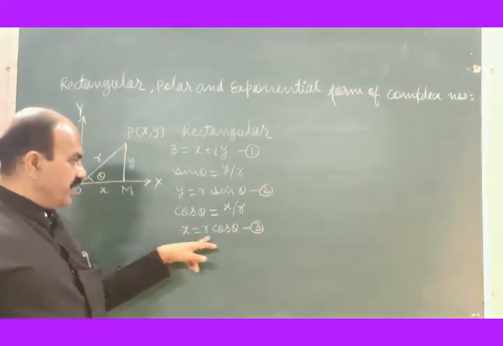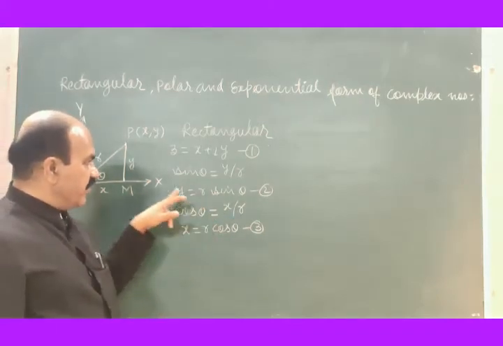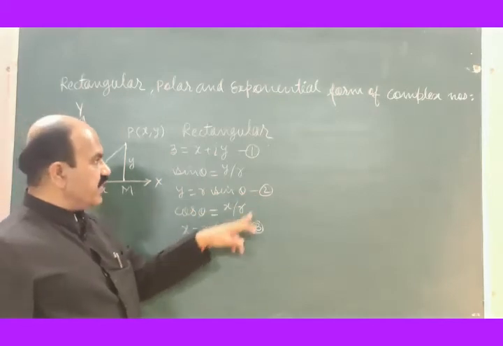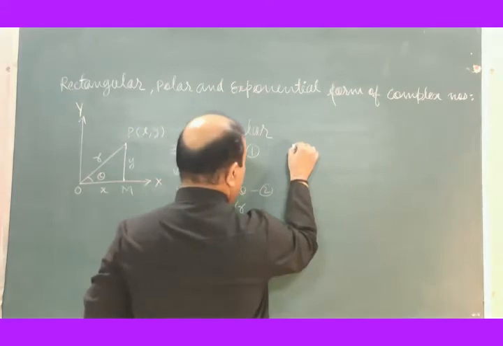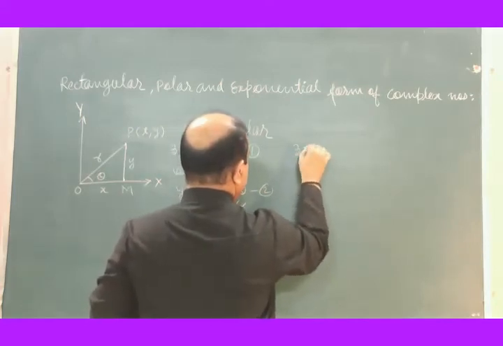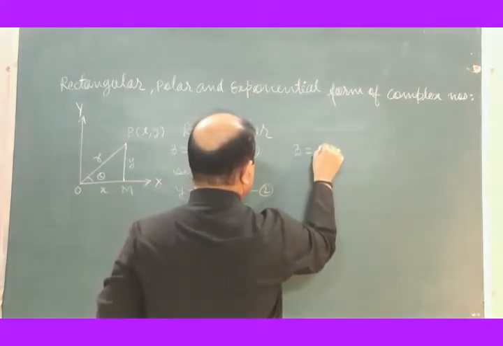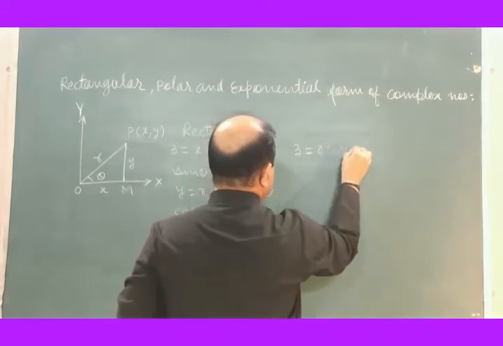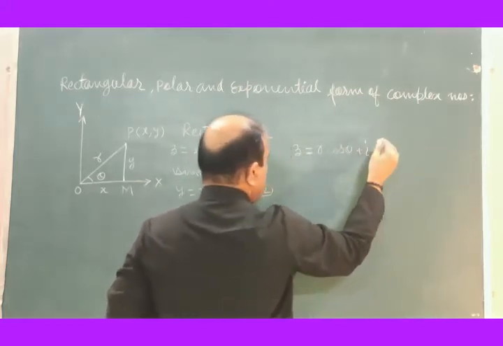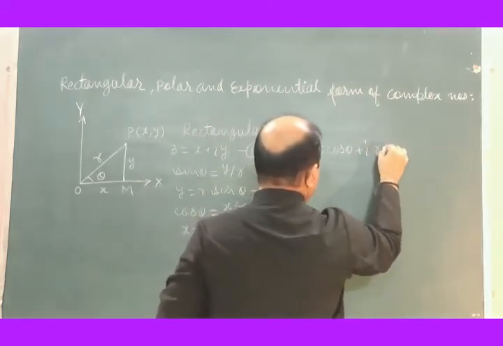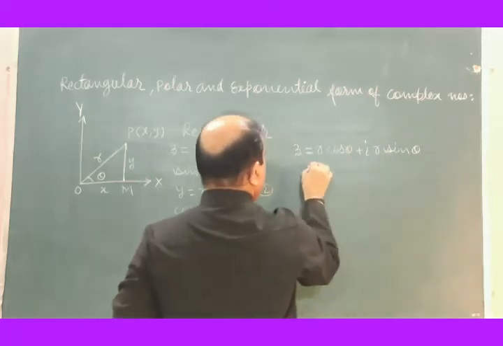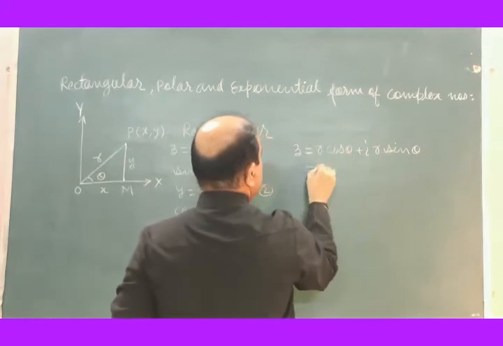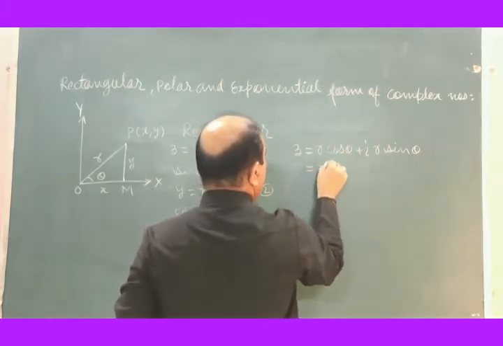Now put this value of x and this value of y from equations 2 and 3 into equation 1. So z will be equal to x, which is r cos theta, plus i times y, which is r sin theta. R is taken common.